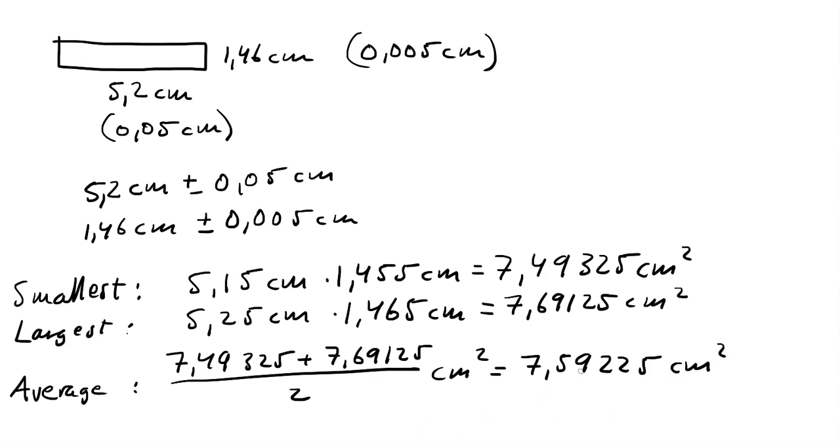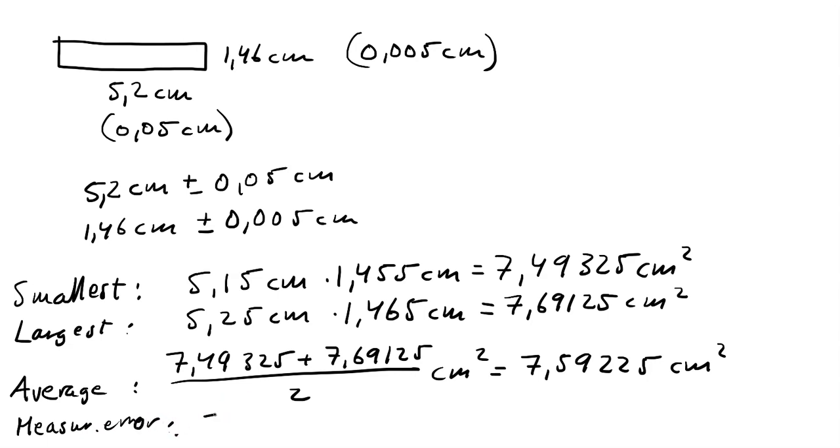Now we want to give the answer like this. But how many digits should we keep? What is the uncertainty of this? This is the average, so let's say that this represents our measurement. But what is the measurement error then? If we take the largest minus the smallest, so the measurement error here, the absolute one.